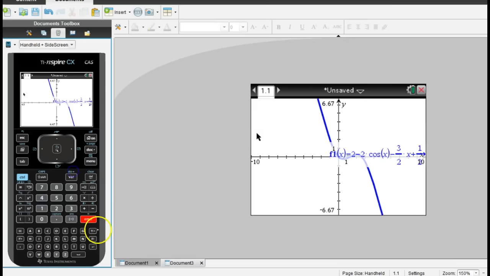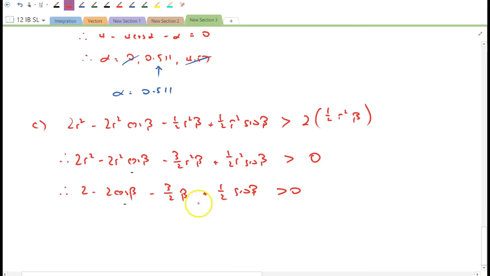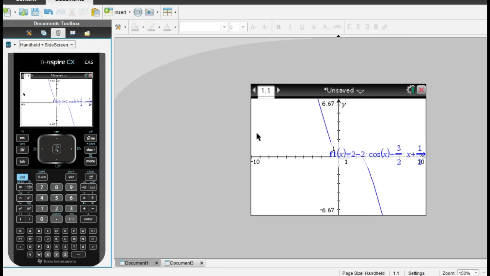Okay, now if we hit enter there, we get this graph here. Now what are we doing? We're trying to find out where this function is greater than 0, so where it's above the x-axis.